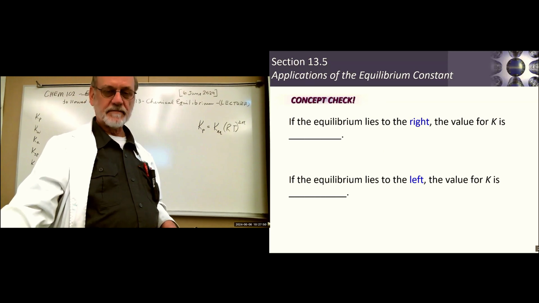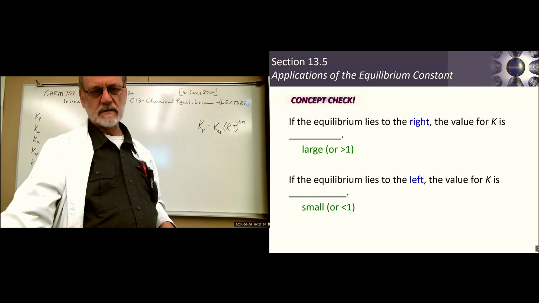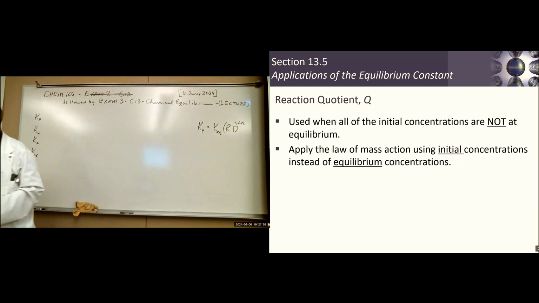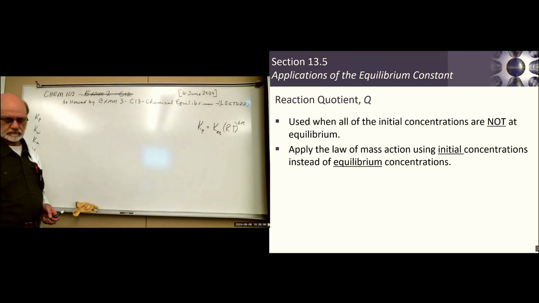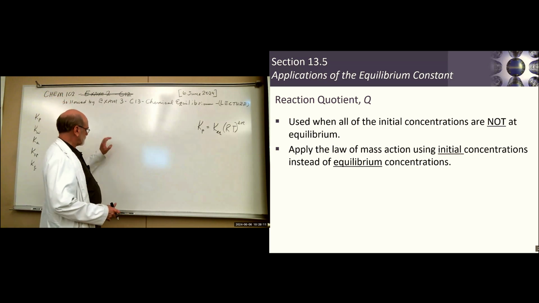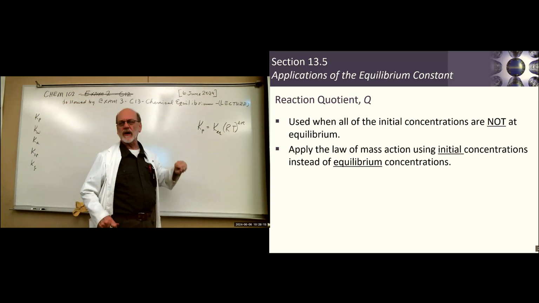Let's see. I'm not going to waste your time here. We already talked about that. What do we do if the reaction is not in equilibrium? Say we set it up with a huge amount of reactants and a small amount of product.